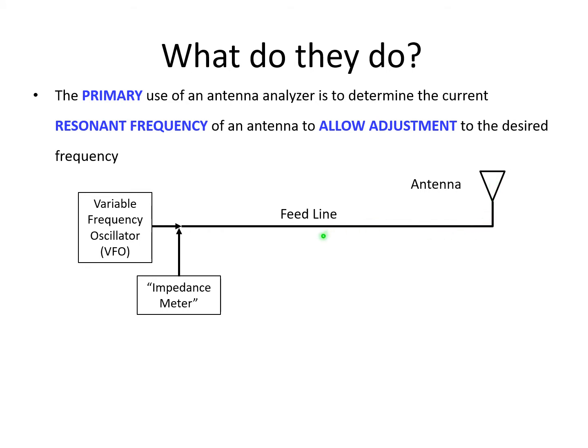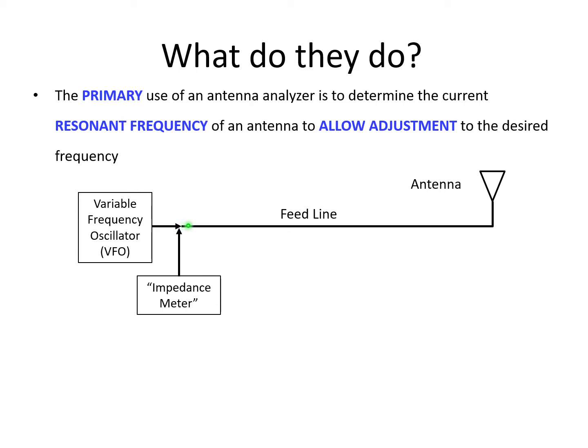And what we're wanting to know is, from looking at this point here, what is the standing wave ratio that we might expect. And this point here is important because this is where either the external antenna tuner or the transceiver that may have an internal antenna tuner would be looking at the feed line.